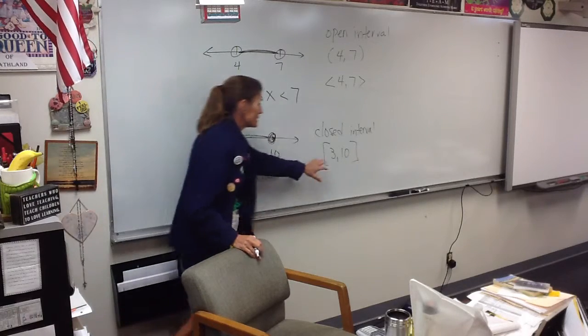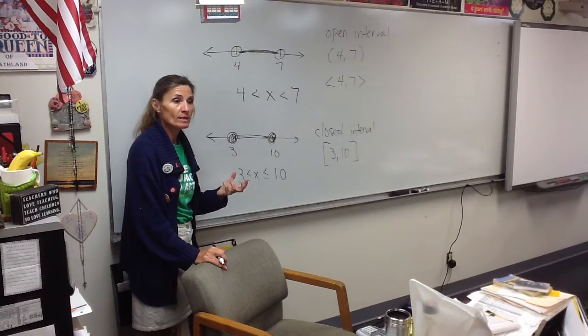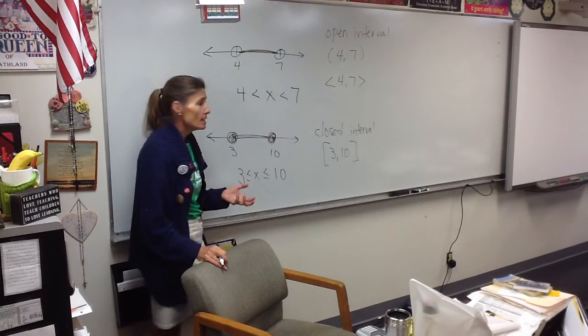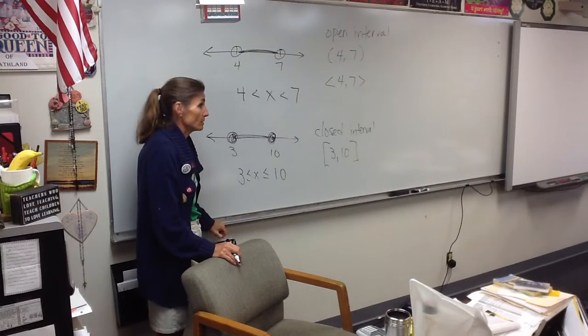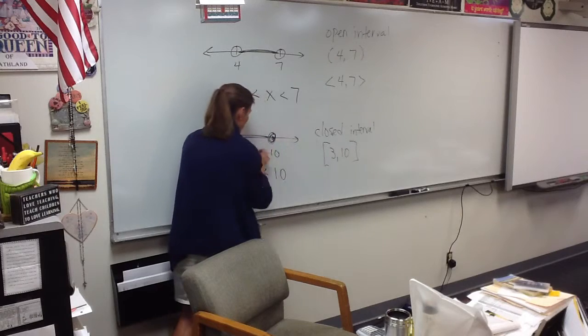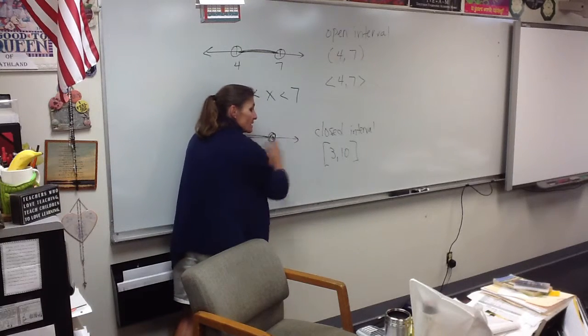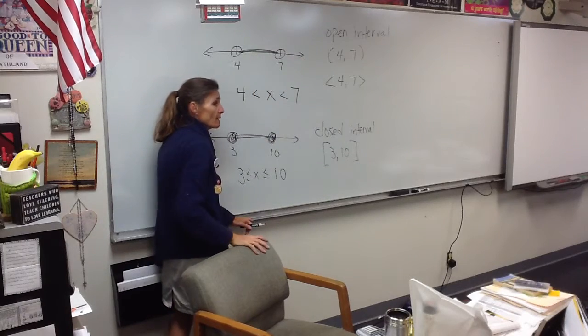So when you see these brackets, you know that represents that the endpoints are included. And when you see the parentheses, you know the endpoints are not included. So all of this describes the same thing. These are 3 different ways of talking about the same set of numbers. Likewise, 3 different ways of talking about the same set of numbers.